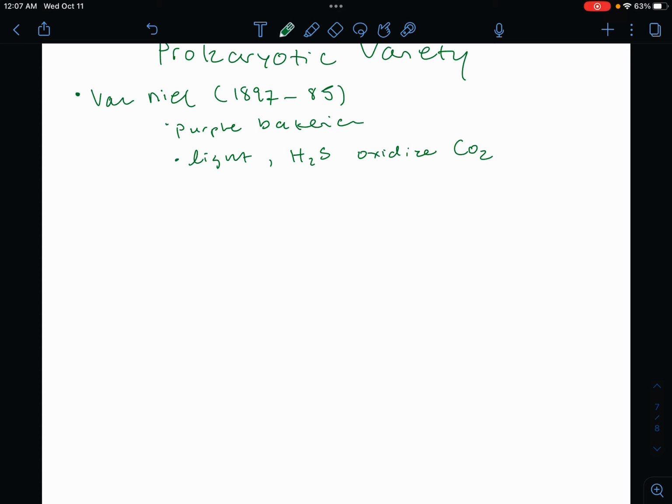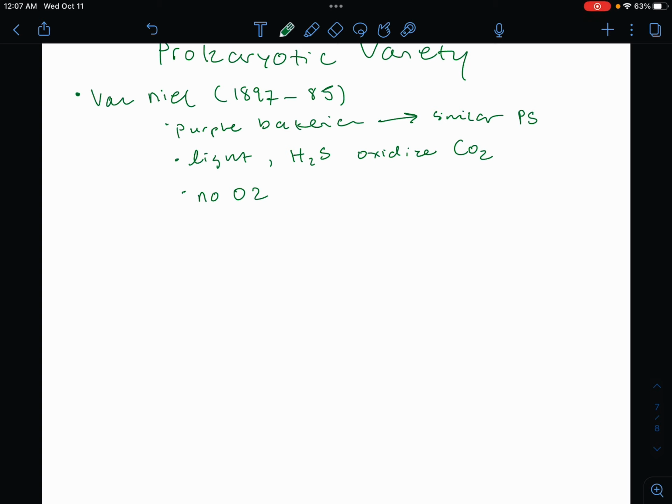So they oxidize hydrogen sulfide during CO2 fixation, and they didn't need oxygen. And then these purple bacteria were similar to the photosynthetic reaction organisms. There's a tiny bit of history there.